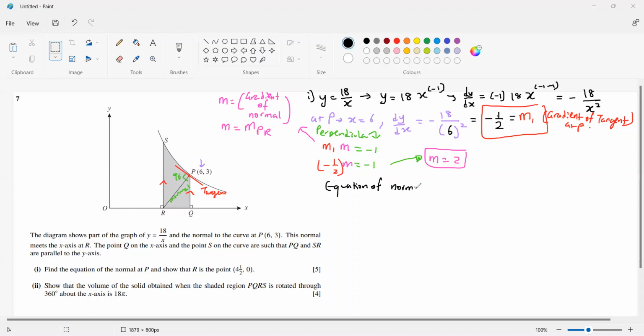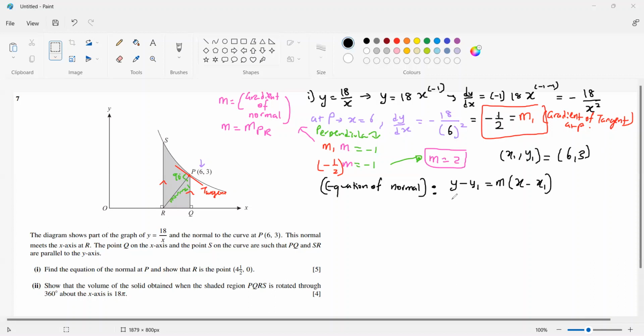To find the equation of the normal, we can use the usual way. Let's use y minus y1 equals m times (x minus x1). Here x1 and y1 are a known point on the normal. The normal goes through the point P, so this can be chosen as (6, 3).